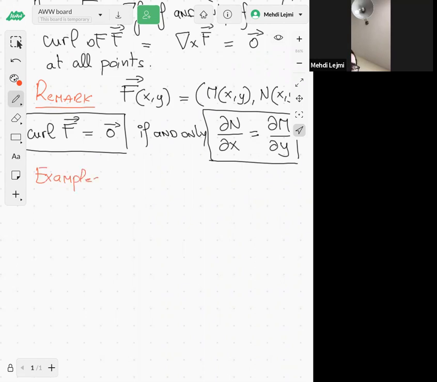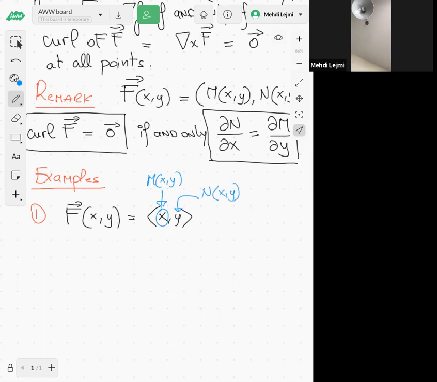So first example, as I said, is a two-dimensional vector field. Let's say the vector field F is just (x, y). What we are saying here is that the first component, my function M, is equal to x, and my function N is equal to y.